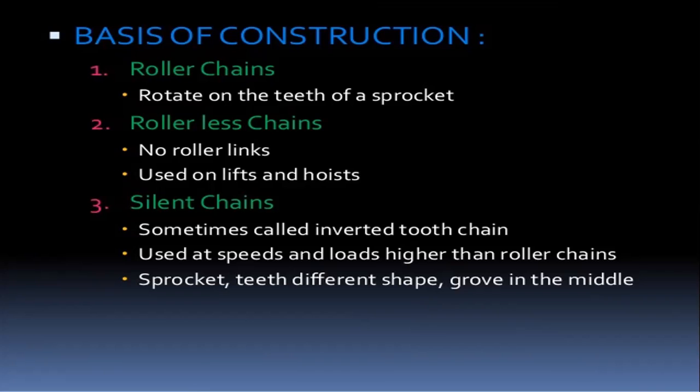And here the sprocket has a different shape and the grooves are in the middle of the chain drive. So these are the differences when you go by the basis of construction.